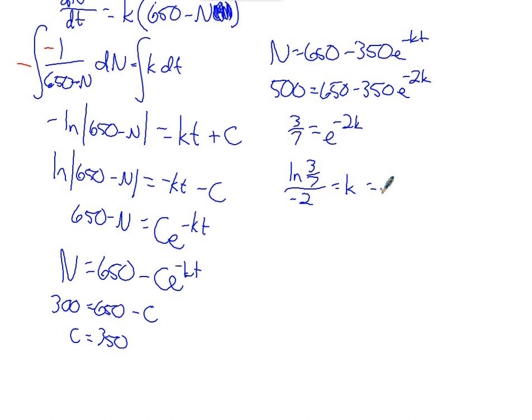So I've got to type that in my calculator. And what do I get? Positive or negative? Should be positive. 0.4236? So now my equation is n equals 650 minus 350 e to the negative, well, it's negative k, so negative.